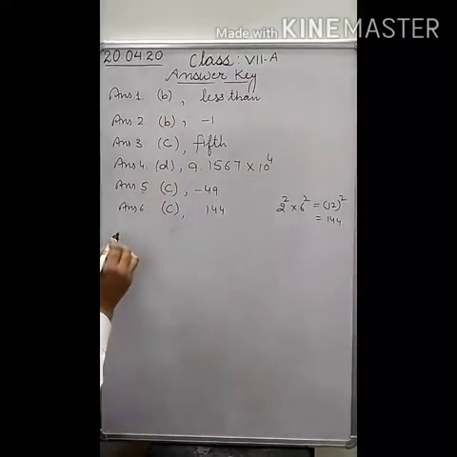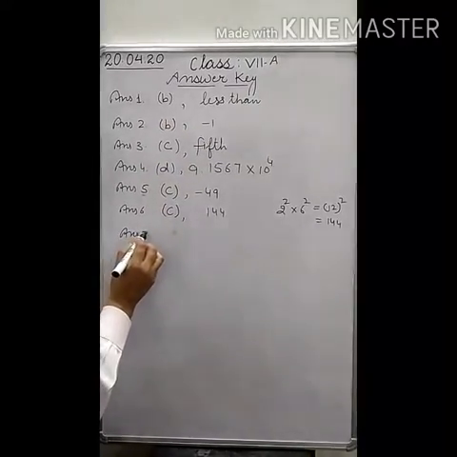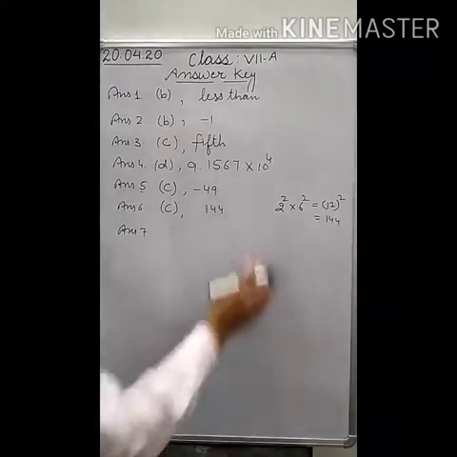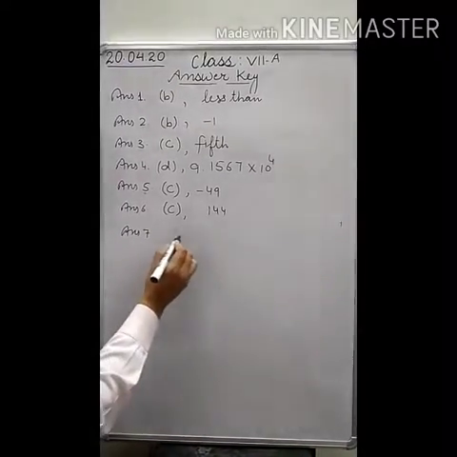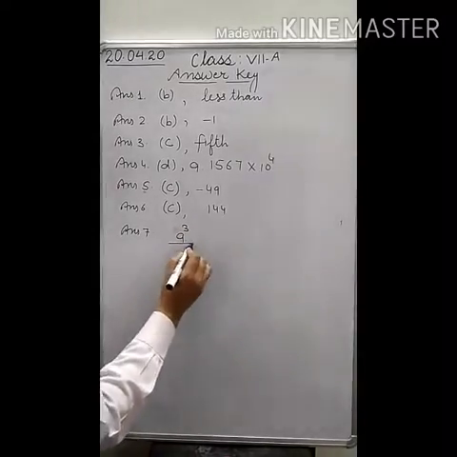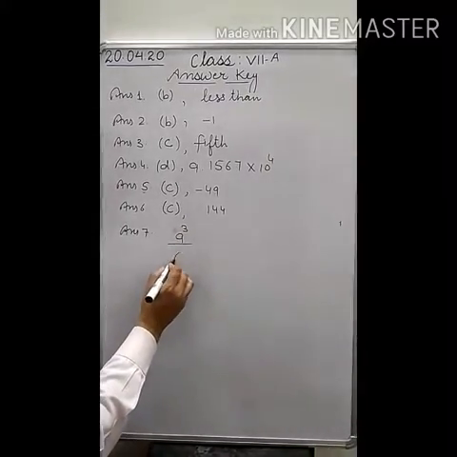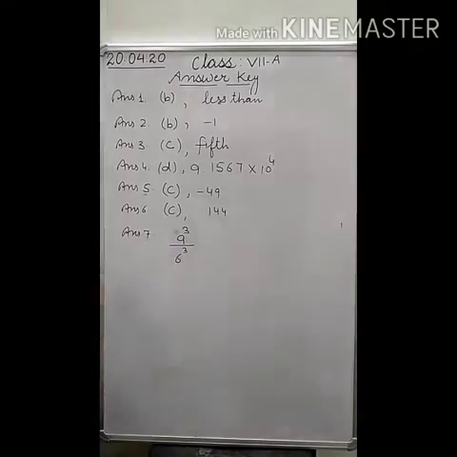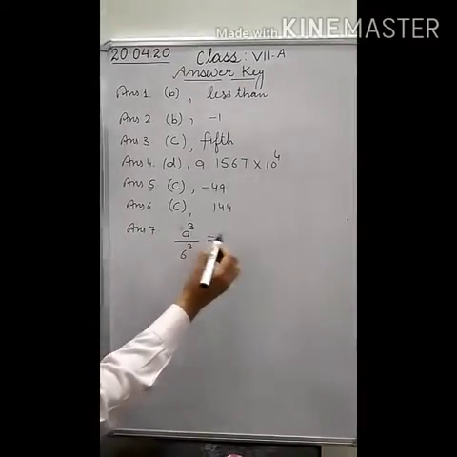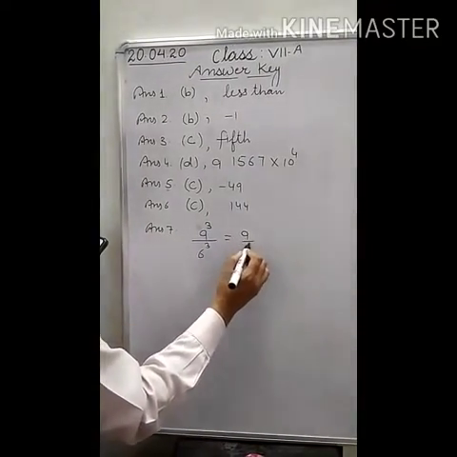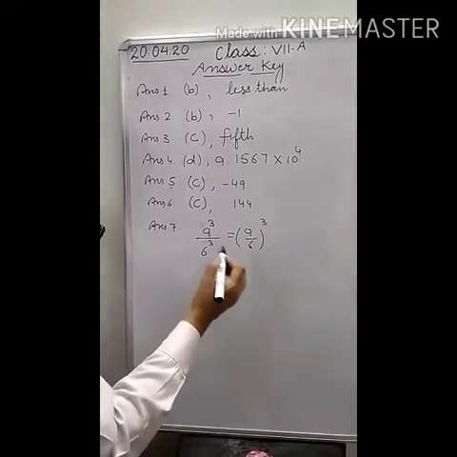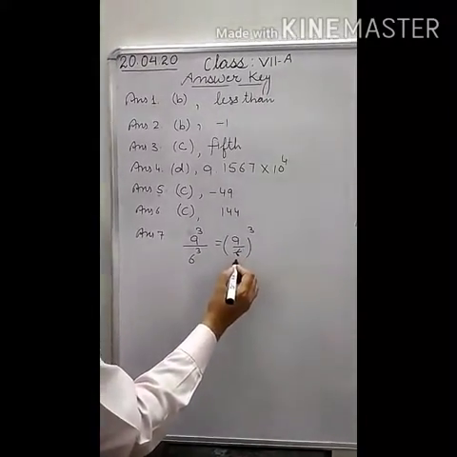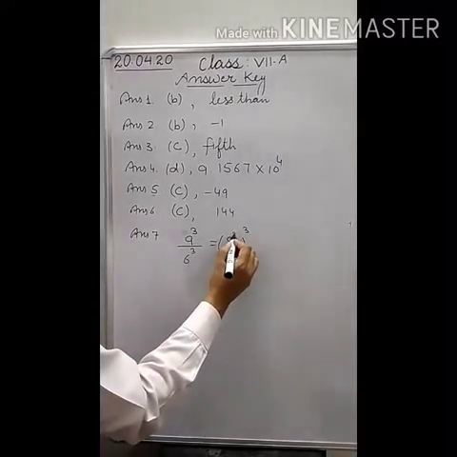The next, come to question number 7. In this, you have been given 9 raised to the power 3 upon 6 raised to the power 3. You have to solve it. So this can be written as 9 by 6 whole raised to the power 3. When you solve it, 3 twos are 6, 3 threes are 9.